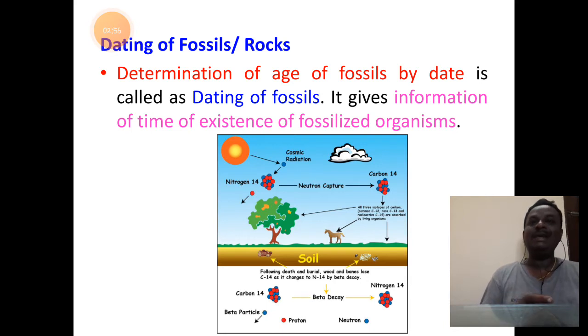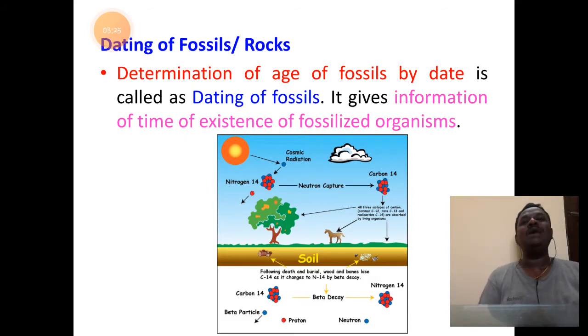If you simply look at it, it refers to the age of an animal. So if you take the example of human beings, we have a date of birth and date of death. That defines the age of that particular human being. In the same way is the age of the animals also, that is to say, fossilized animals also.